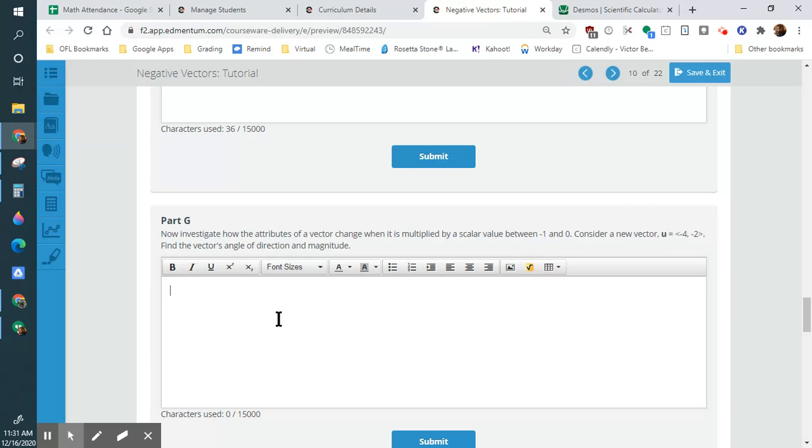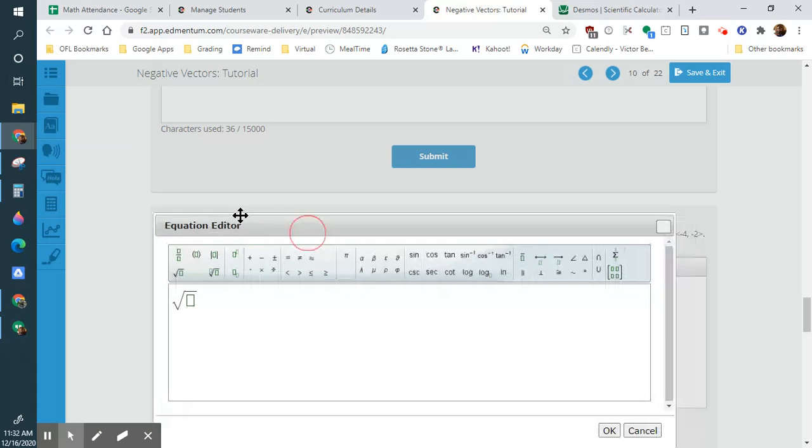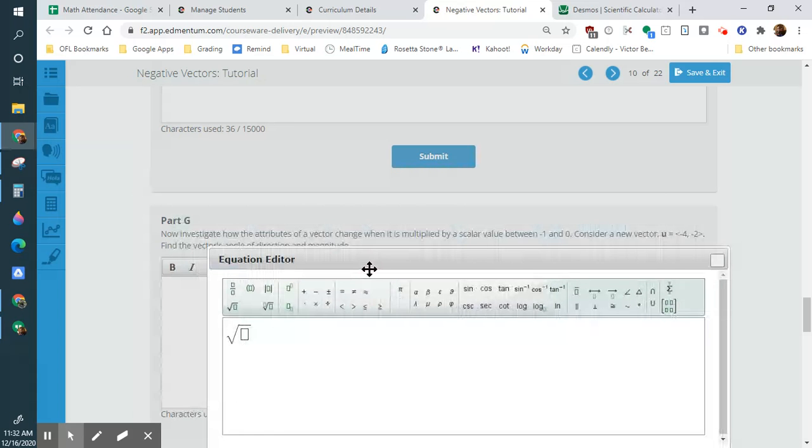All right, so we want to figure out, find the vector's angle and direction and magnitude. Okay, so let's find the magnitude first. The first thing we're going to do here is find our magnitude, which is the square root of the squares of our components. Plus -2 squared.